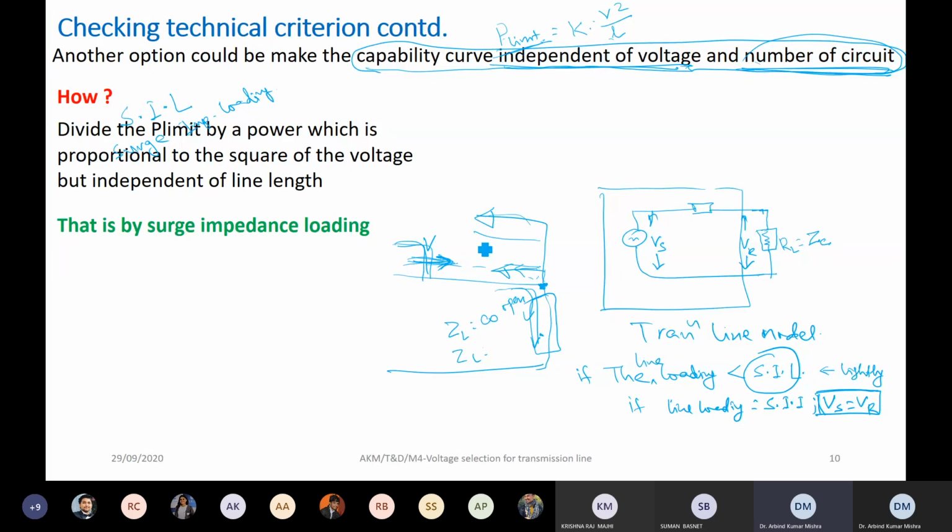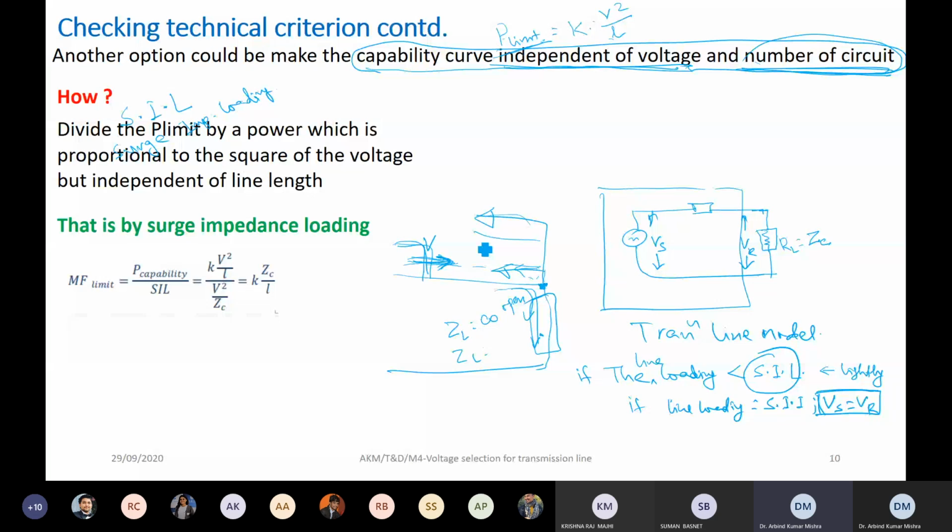So now, if we divide the P limit expression I have written earlier, P limit equals K times V square by L, then divide both sides by the surge impedance loading, you will get the expression I have written below this green line, that is K times ZC, where ZC is the characteristic impedance or surge impedance of the line, divided by the line length.